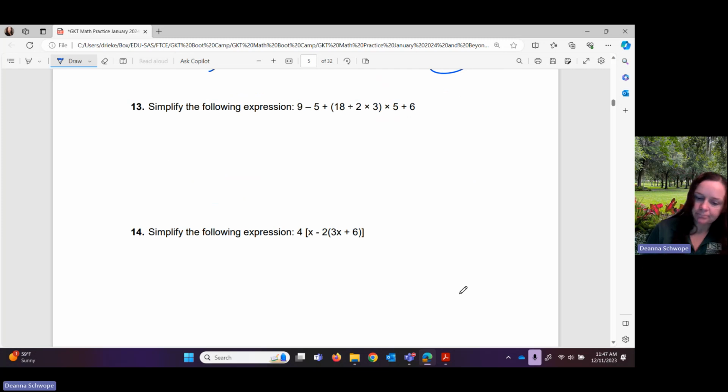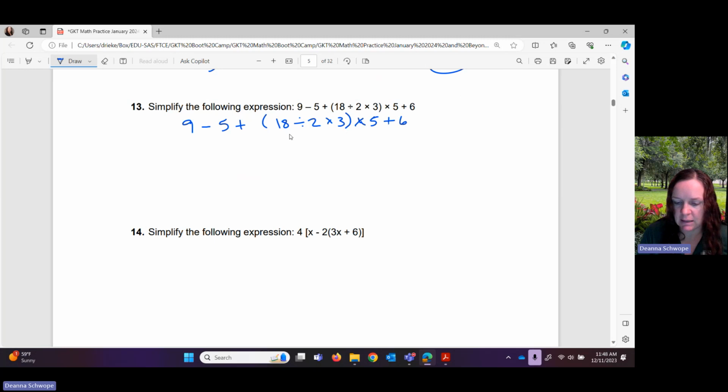All right, 13. Simplify the following expression. 9 minus 5 plus parentheses 18 divided by 2 times 3 times 5 plus 6. Inside the parentheses, we will divide first.